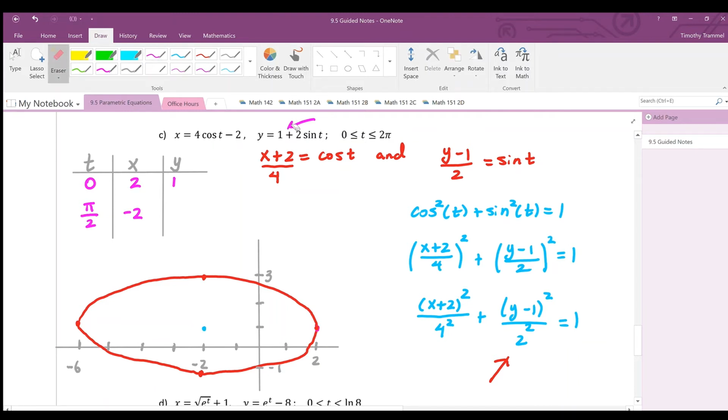And then over here for y, if we let t equal pi over 2 again, we need to think about what sine of pi over 2 is, and that is 1. And so we have 1 plus 2 times 1, which is 3. So minus 2 comma 3 is where we end up after a quarter rotation.